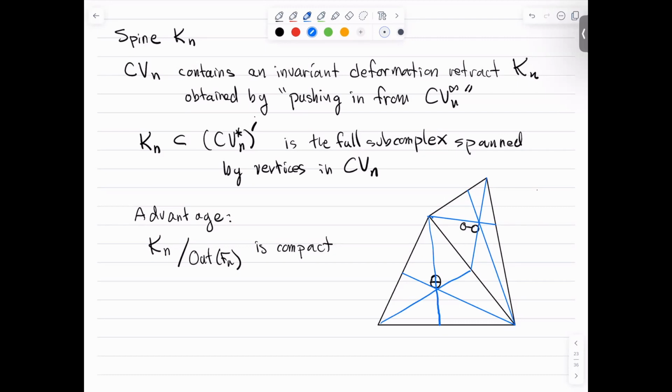And then some of the vertices of the barycentric subdivision are actually in the space, mainly these. Some of them aren't in the space, same with the corners of the triangles, and we take the subcomplex spanned by all of these guys.